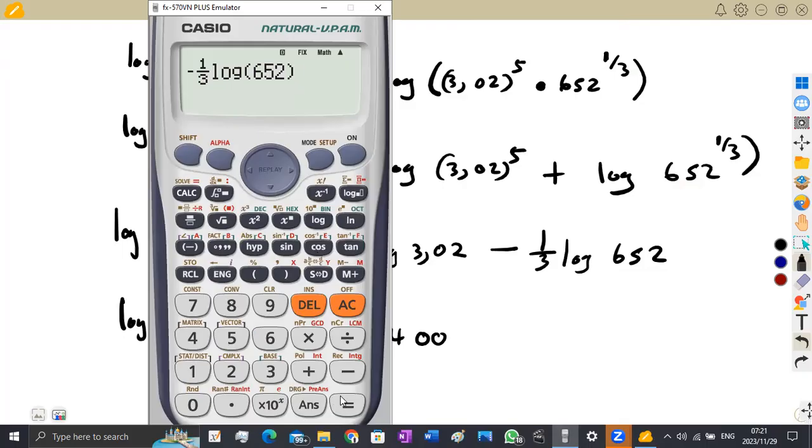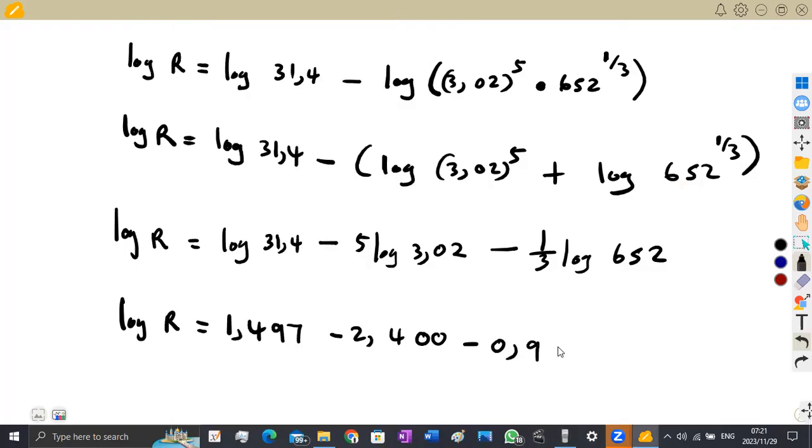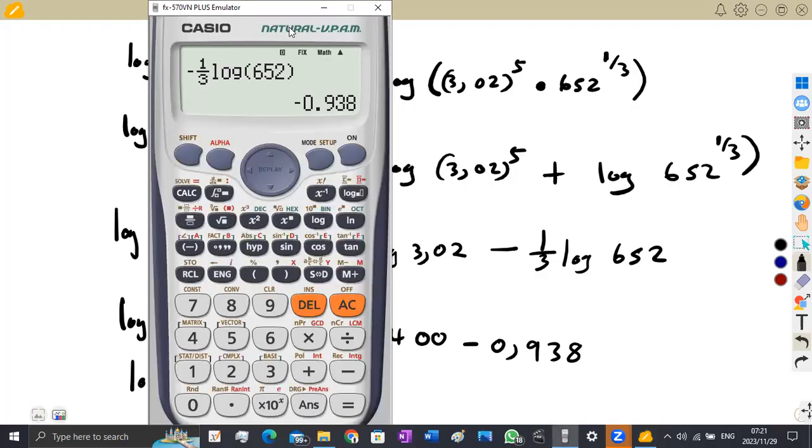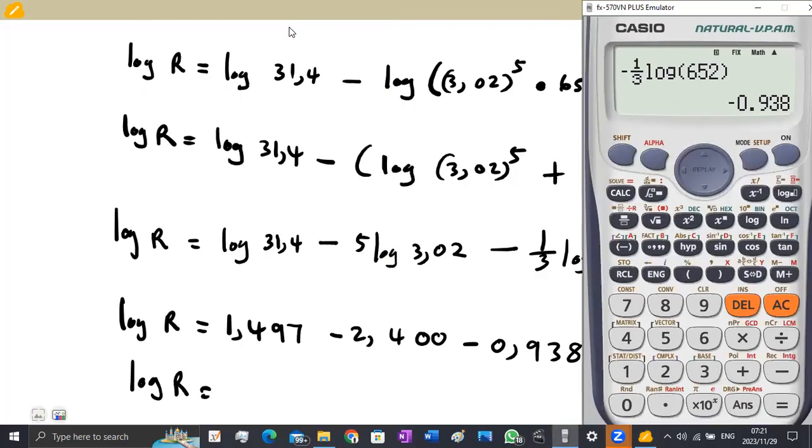All right, so this was going to give us negative 0,938, okay? Negative 0,938. So thus we can combine everything. The logarithm of r is going to be everything that we have calculated here, which is this minus 0, whatever that we have, minus this 2,4 plus 1,497.